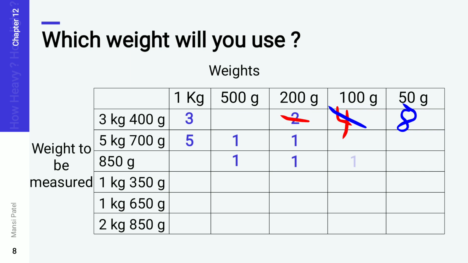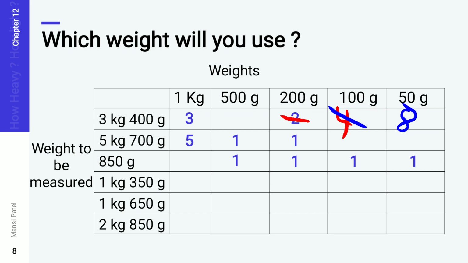Now again you add 1 unit of 100. So 700 plus 100 is 800. Now for the 50, you use 1 unit of 50. So just do the addition. 500 plus 200, 700. 700 plus 100, 800. And 800 plus 50 is 850 gram.